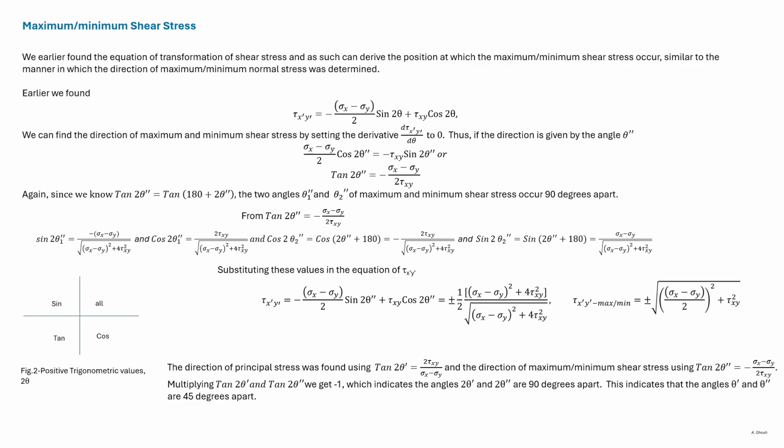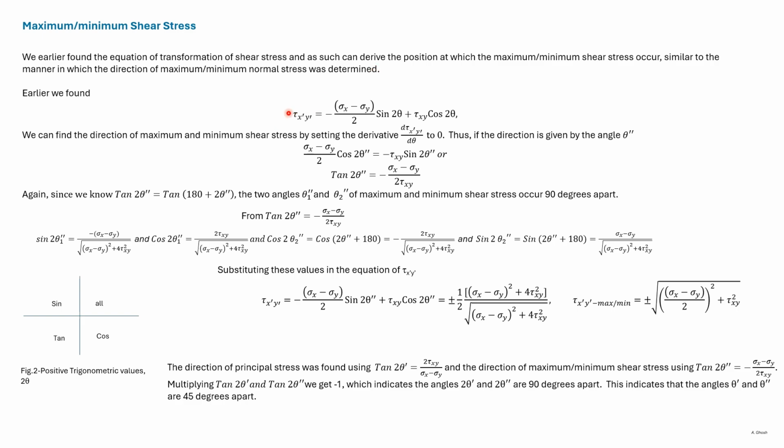Earlier we obtained the direction and magnitude of the principal stresses by using the equation of transformation of normal stress. Here we will obtain the direction and magnitude of maximum and minimum shear stress in a similar way.